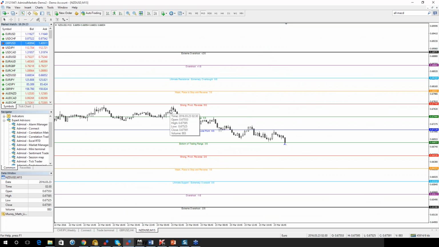And as I already said, one of the advantages of Murrey Math is that you can place 4-hour Murrey Math lines on a 15-minute time frame. That is the principle of multiple time frames. If you use 5-minute, you place it with 1-hour pivots. If you use a 15-minute chart, you place 4-hour pivots. And that is exactly what we did here.